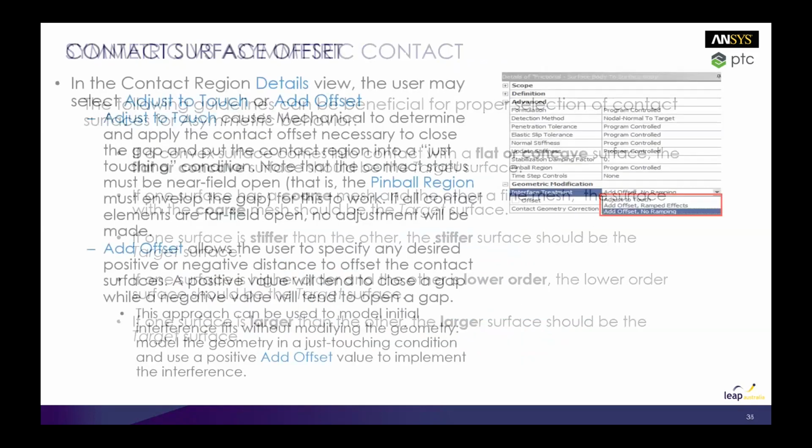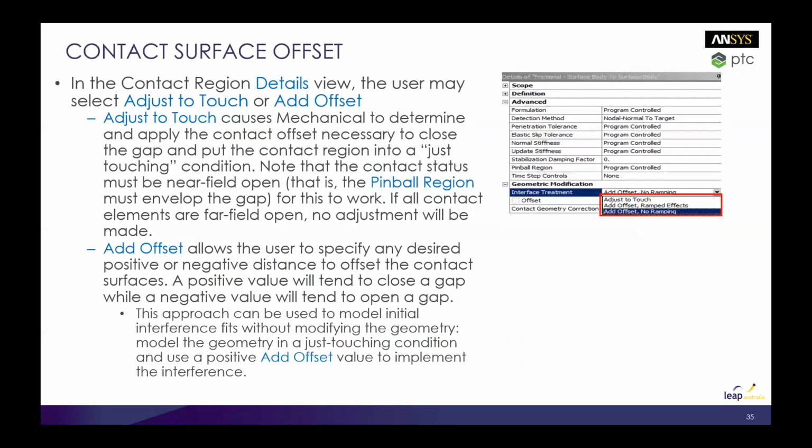Okay, so another important thing is contact surface offset. There are different options we can use here: adjust to touch or add offset. Adjust to touch allows the solver to determine what offset to apply to the contact to close the gap, so it's just touching.